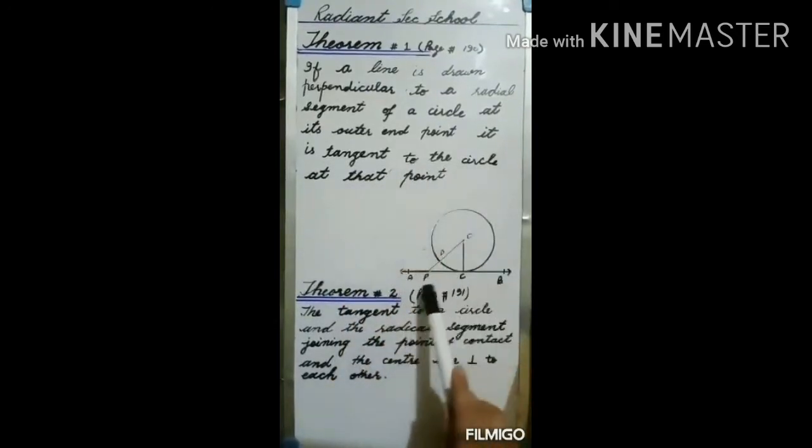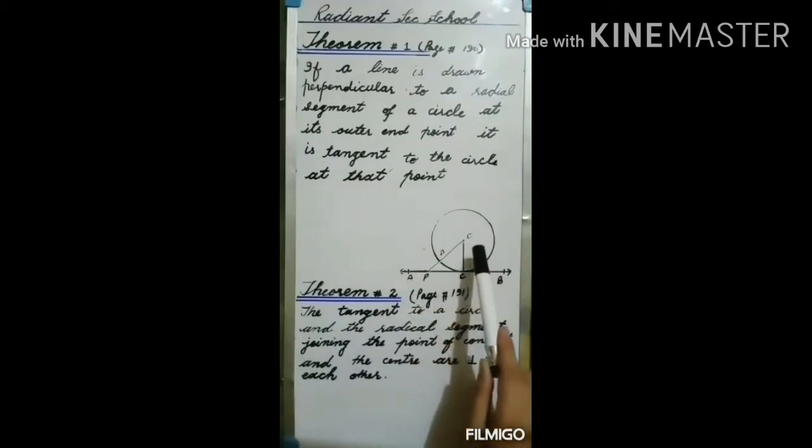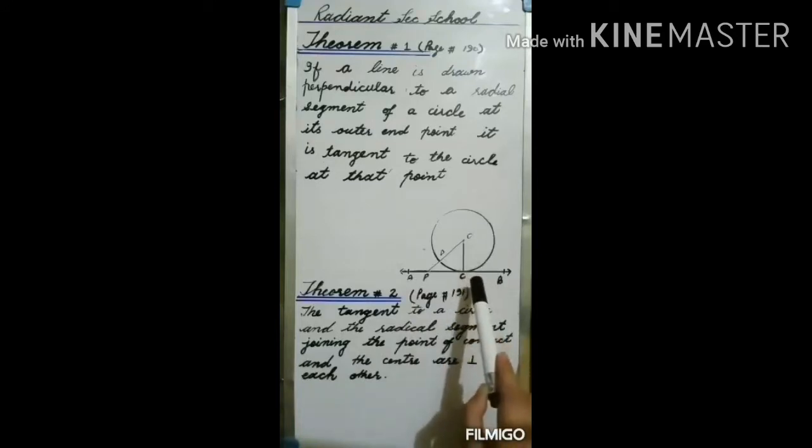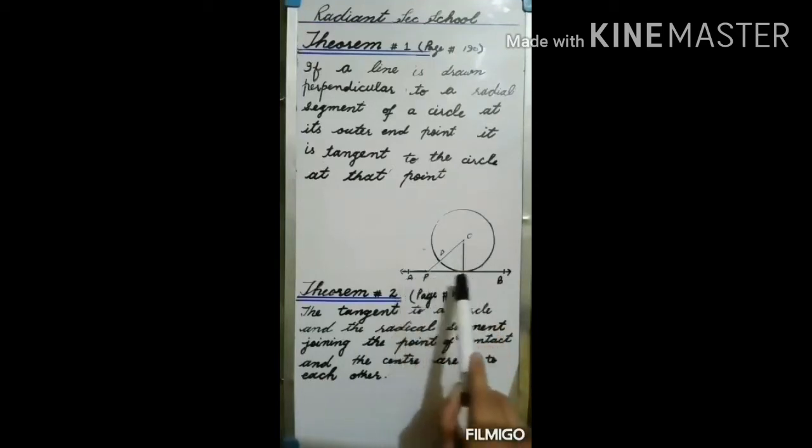Then this line will be tangent to the circle at that point C. The statement is, here we are having a radial segment and they are saying draw a line perpendicular to the radial segment. Then at the end point of the radial segment, this line is tangent to that circle.